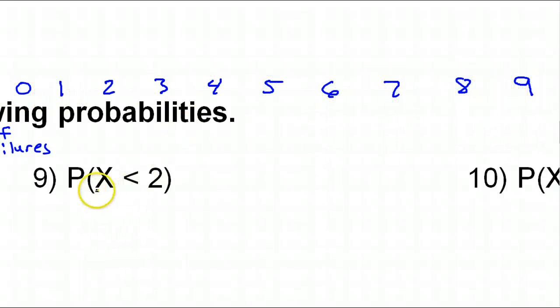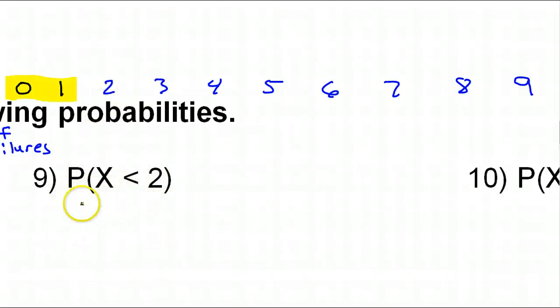So the probability of getting less than 2 successes. Well, here's 2 successes right here. So these 2 probabilities are going to reflect the ones that are less than 2. These 2 x values are the only 2 x values that are less than 2. So I'm going to need the probability of both of those.